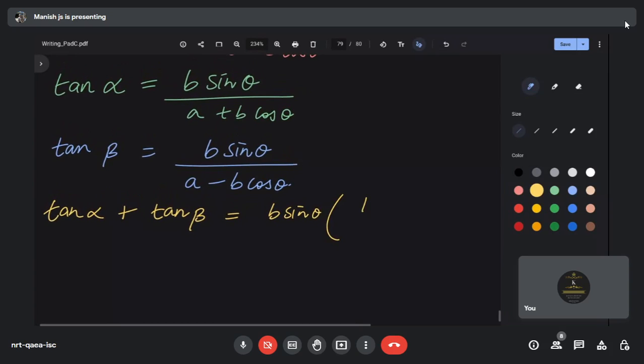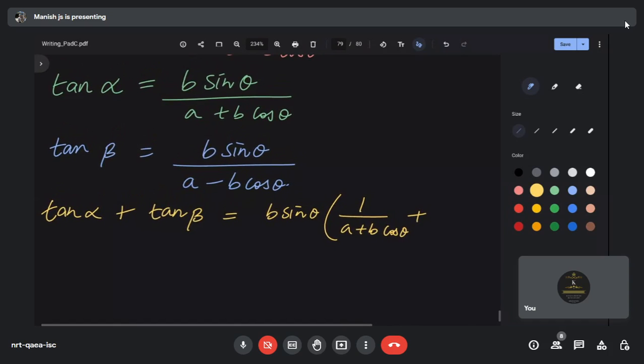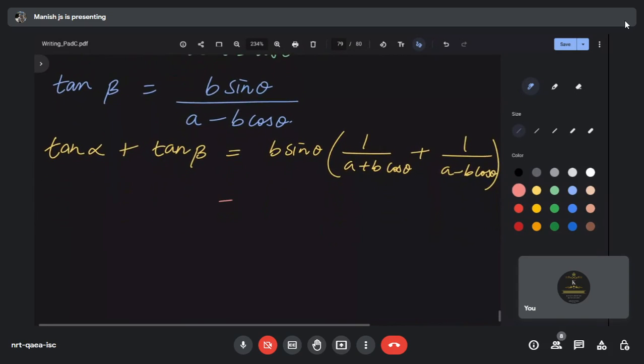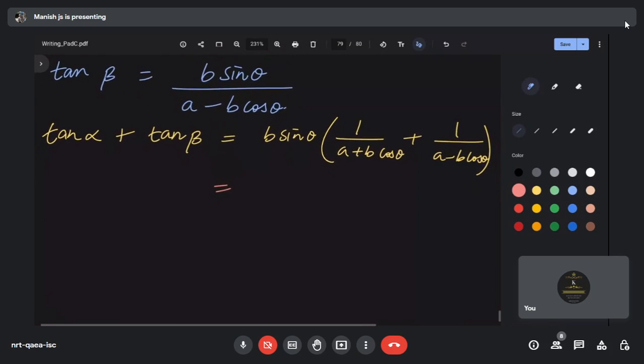Within the brackets you have 1 divided by A plus B cos theta plus 1 divided by A minus B cos theta வரும். So அப்புறம் you go for simplification. So further simplify பண்ணுங்க.